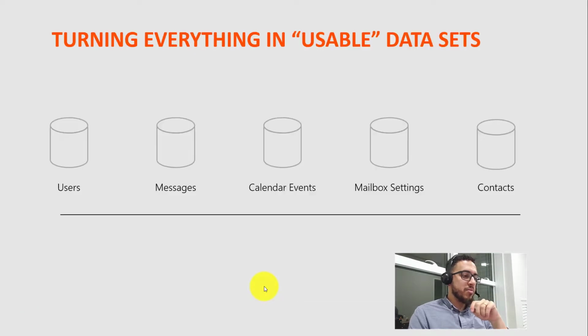So as I said, basically turning everything usable data sets. We have users, messages, calendar, events, mailbox settings, contacts, files, user information, tasks that we have in Planner, tasks that we have in To Do, everything in one place as a data source that we can use.